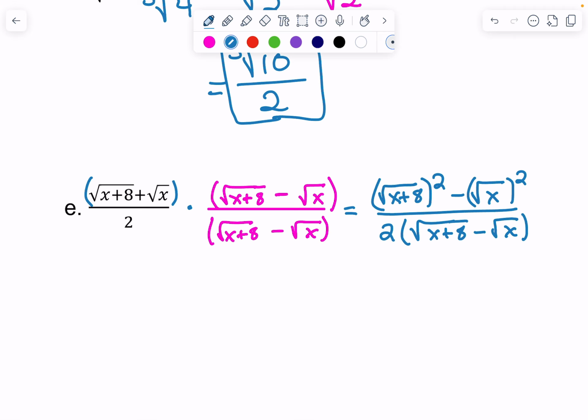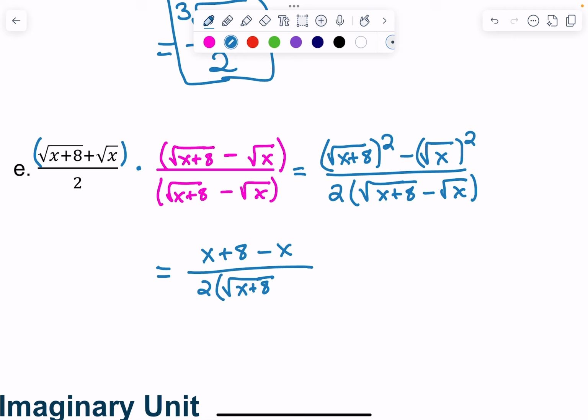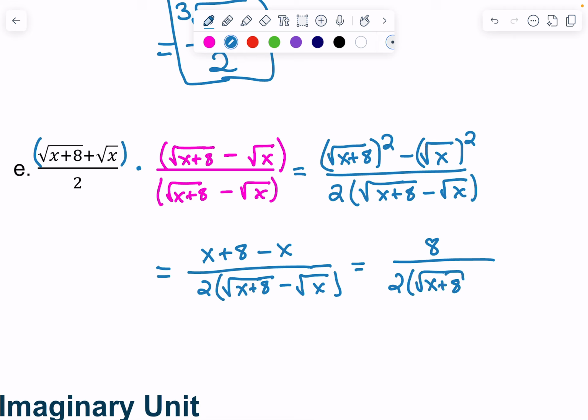All right, so if I clean up that top part, what I'm going to get is an x plus 8, that's my first term, minus an x, all over a 2 times my square root of x plus 8 minus the square root of x. You'll notice the x's in the numerator cancel each other out. x minus x is 0, so I just end up with an 8 over 2 times the square root of x plus 8 minus the square root of x.